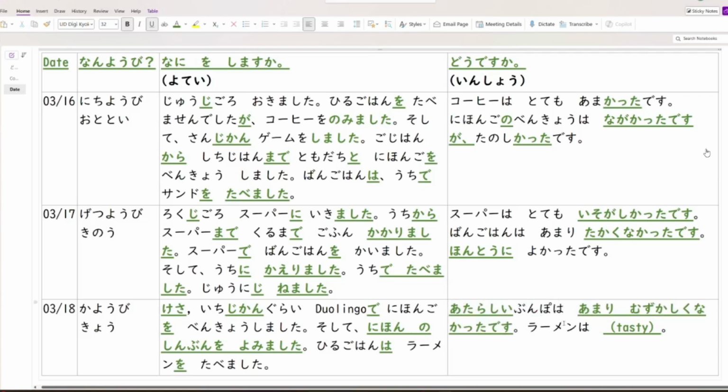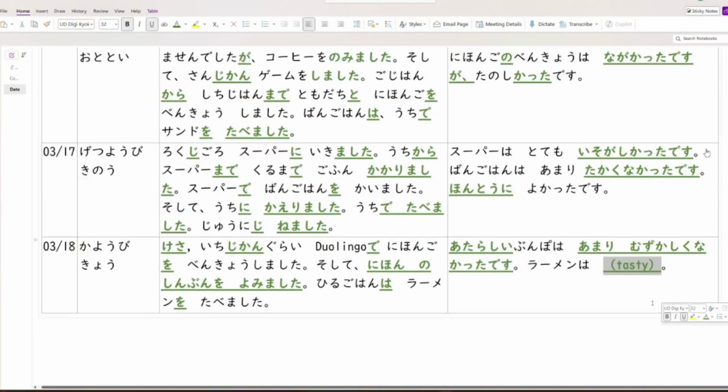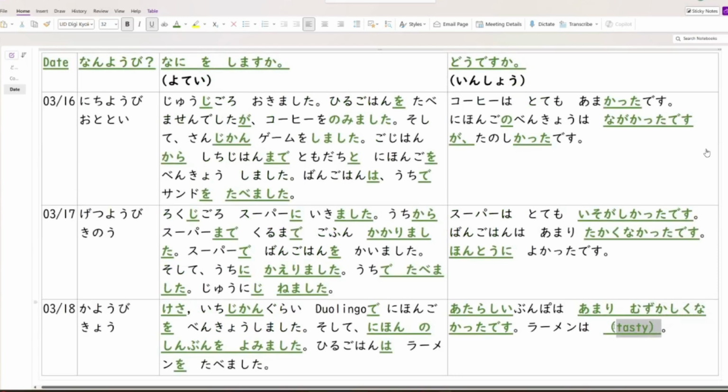Atarashi bunpo wa amari muzukashikunakatta desu. はい。新しい文法はあまり難しくなかったです。Okay. はい。最後。Final. What do we got? Ramen wa totemo. And this time we would use deshita, right?